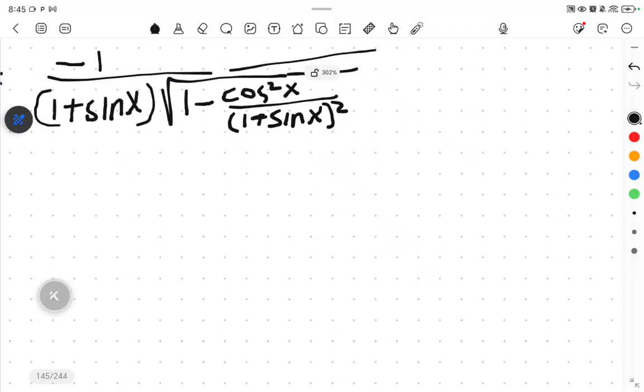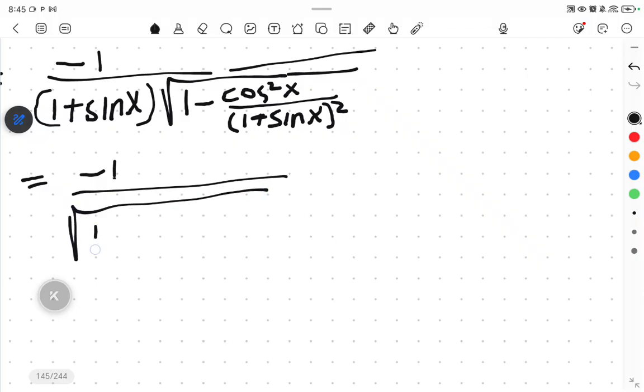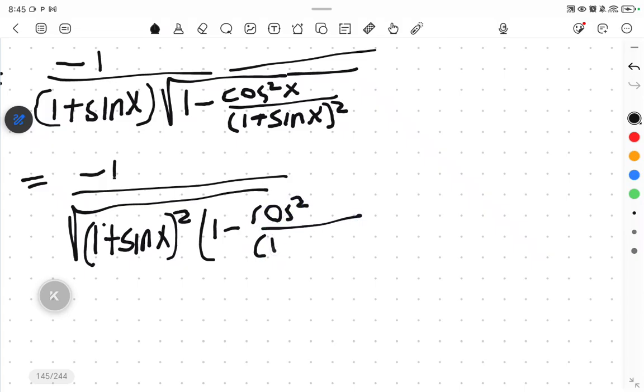Then this will be equal to, if I put this inside, this will become the root of 1 plus sine x. This will be squared if it goes inside the square root. You remember, right? What I've showed you before. 1 minus cos squared over 1 plus sine x squared.